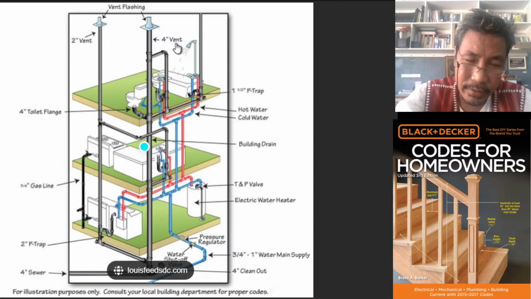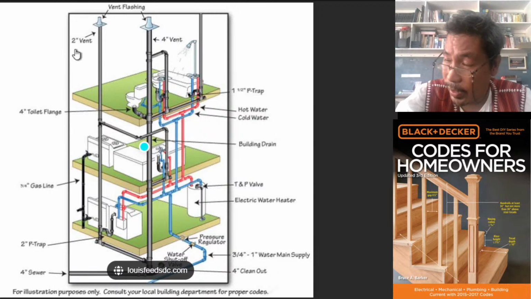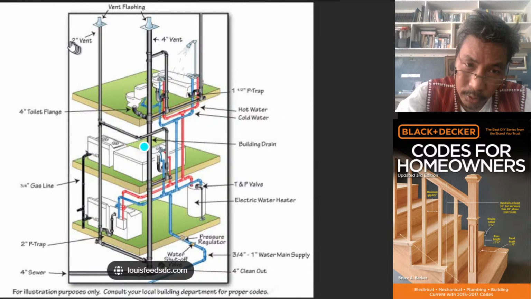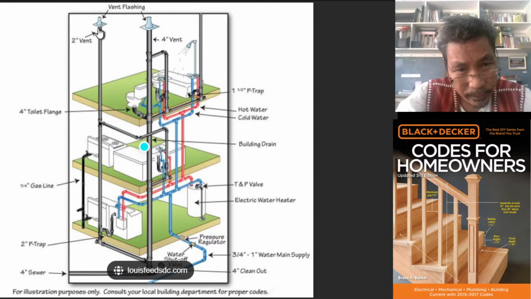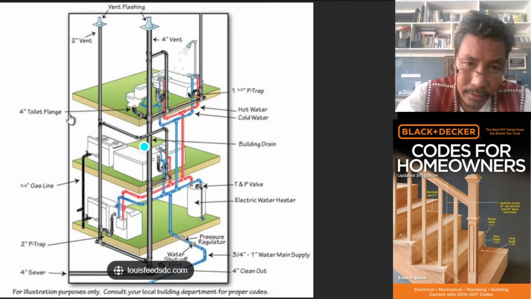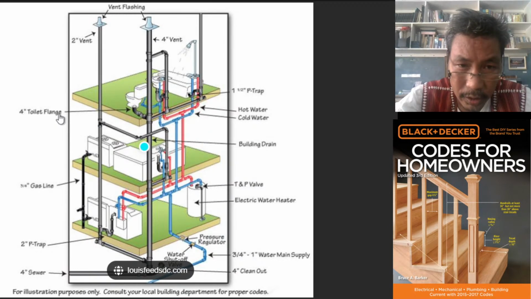So there are two types of vent. 4 inches, very large, but it is only used for vent. 2 inches vent is just ordinary. Next is 4 inches toilet flange. Flange means it is the flange that would connect to the water closet itself, so to the bowl.